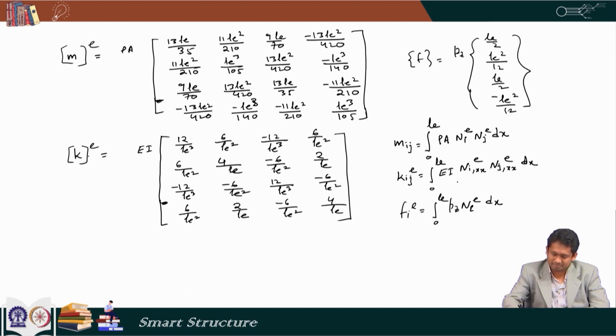So, when Pz, EI and rho A are not functions of x, they can come out of the integral sign, and the rest of the terms on being integrated give me this matrix and this vector.